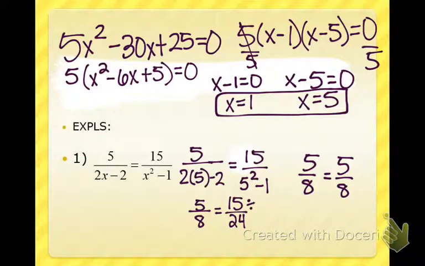Simplified by a factor of 3. So 5/8 equals 5/8. That worked out, so you can put a little check mark by your 5 if you want. You don't have to write extraneous by it. That one worked out just fine. What do we still need to do? We got to check the 1.